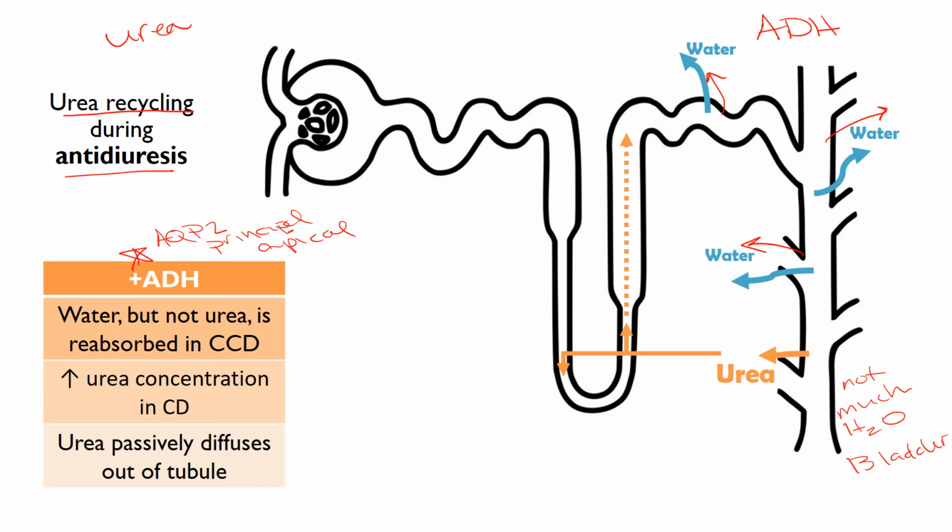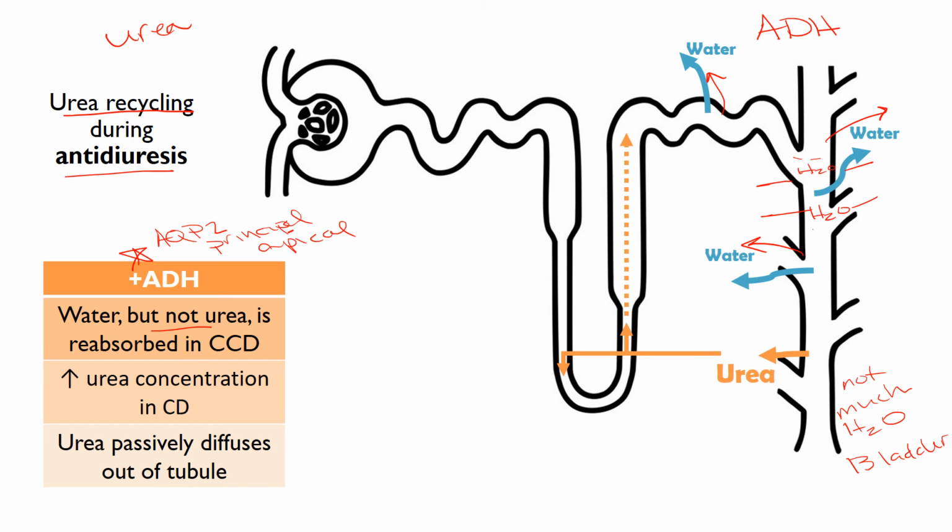Now, because water is being reabsorbed in the cortical collecting duct, urea gets kind of left behind. So all these water molecules, I'm going to put little water molecules, they're getting sucked out, okay?